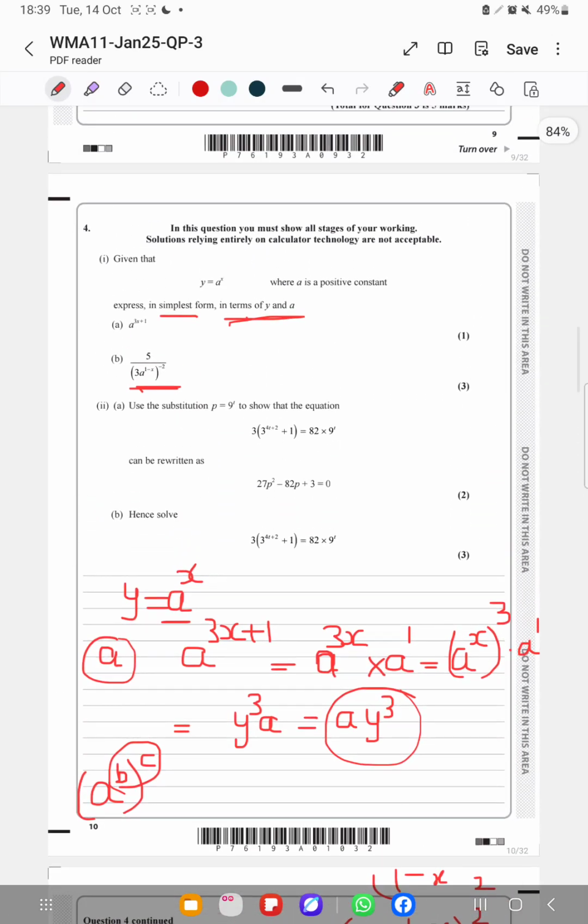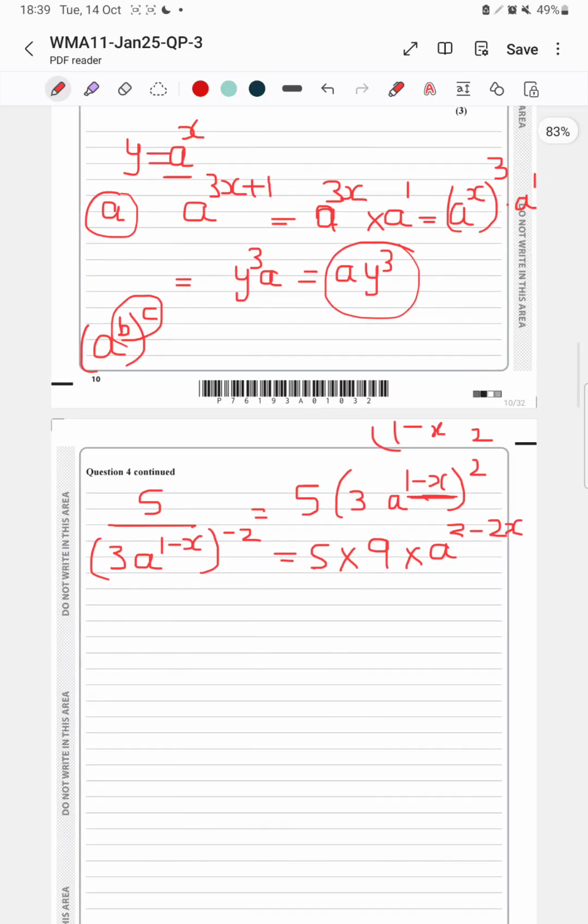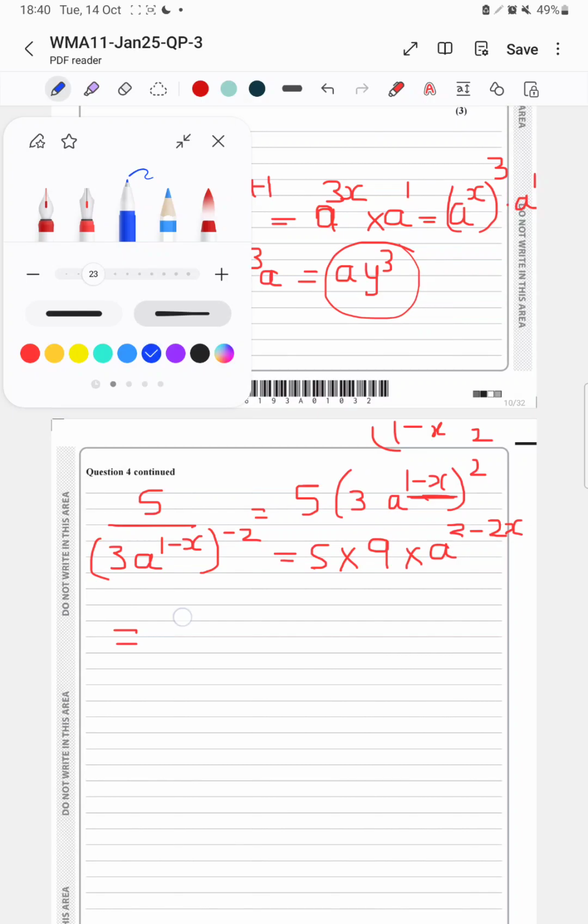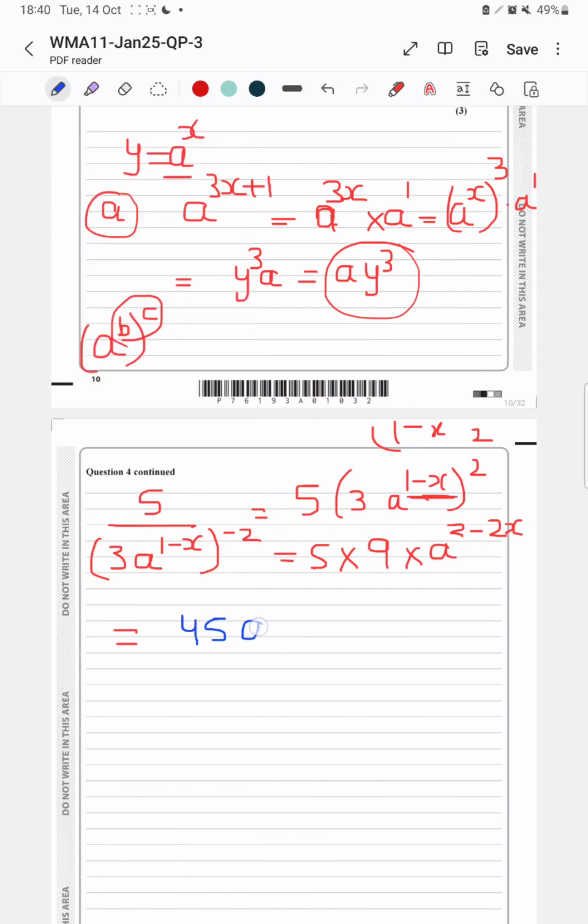Now I got here 5 times 9, which is 45. Then we have a squared, and then we have a to the power of -2x. I split this 2 minus 2x this way. So this is 45a squared over a to the power of 2x, because I know that a to the power of x is y.